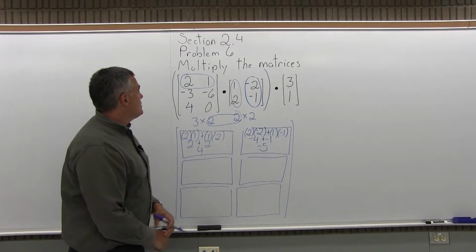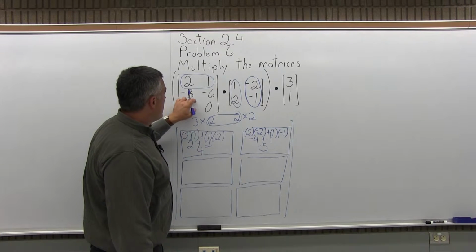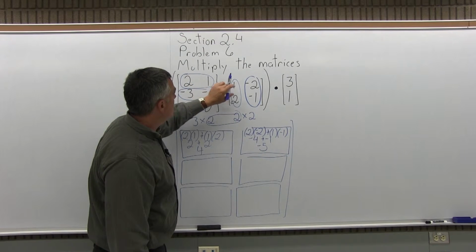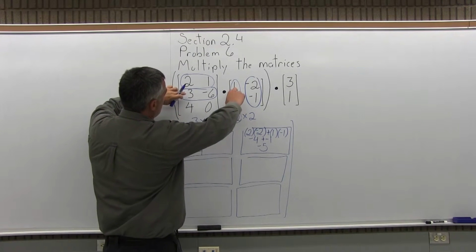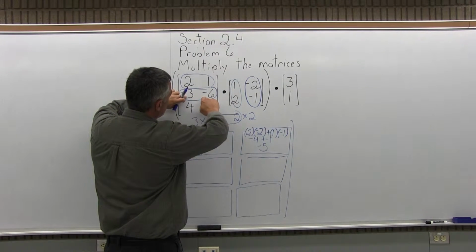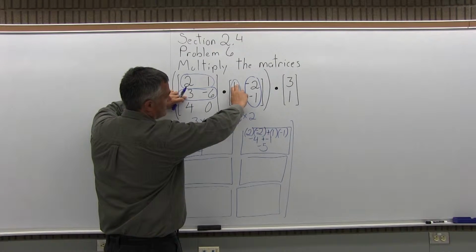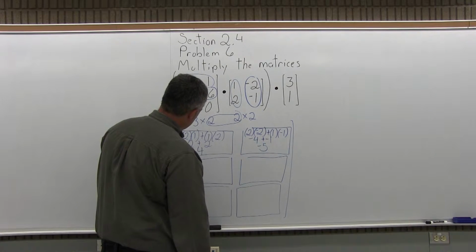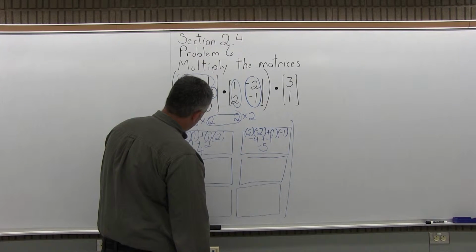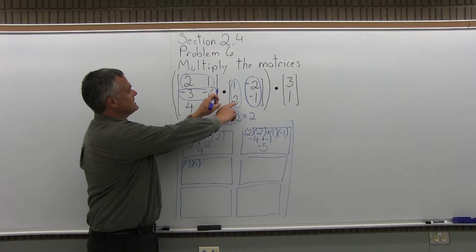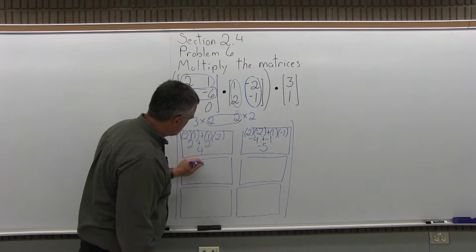So next I'm going to multiply the middle row of the first matrix times the first column of the second matrix. So the middle row of the first matrix is -3, -6 times the first column of the second matrix, 1, 2. So first times first is -3 times 1. And then second times second is -6 times 2.